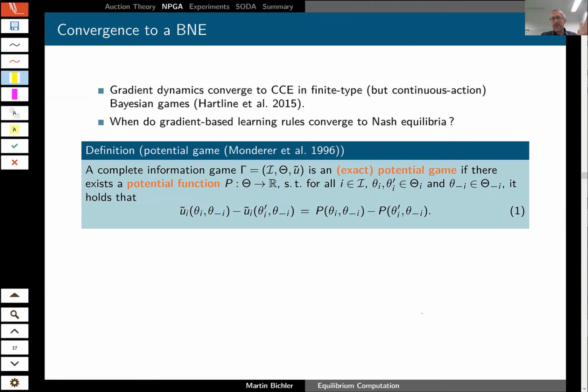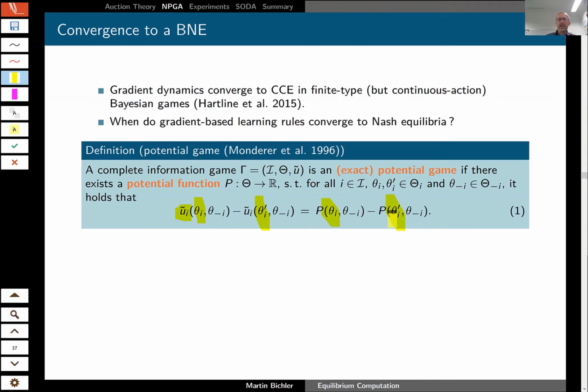An exact potential game would be one where you have some utility function and some strategy theta i, and you compare the expected utility of theta i to the utility of theta i prime, and you have for all the agents a potential function that gives you the same difference, right? So this would be an exact potential function.